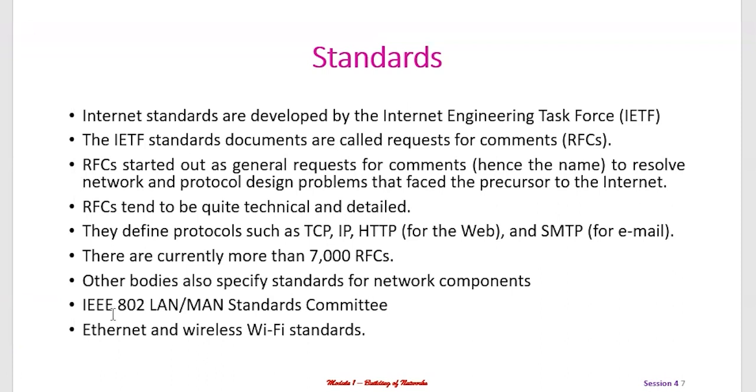IEEE is a standardizing body that will take care of the bottom layers, that is physical layer and data link layer of any technology. So 802 will take care of LAN technology, and 802.11 will take care of wireless LAN technology, which is shortly called Wi-Fi.